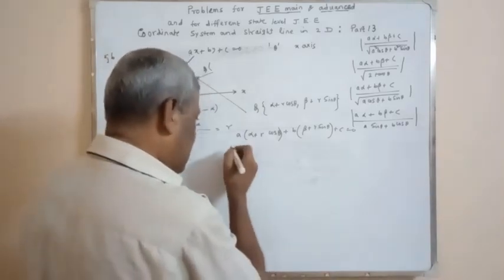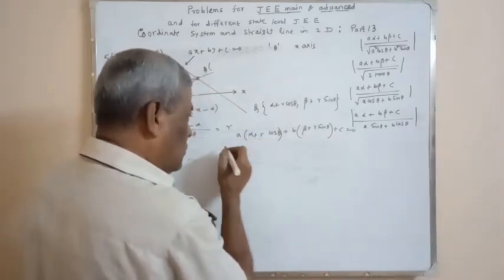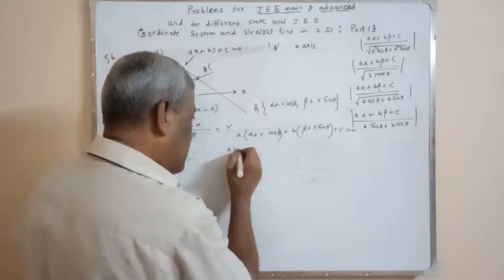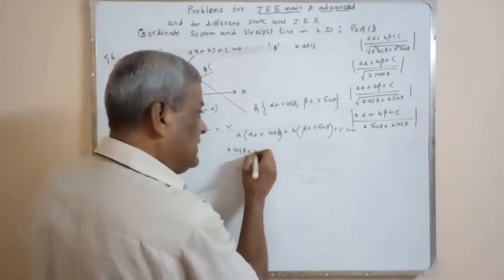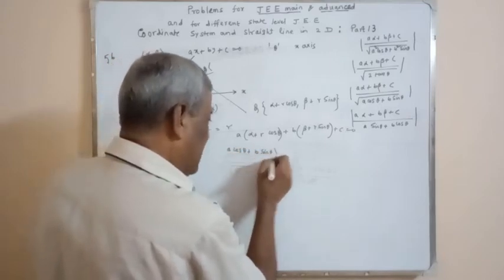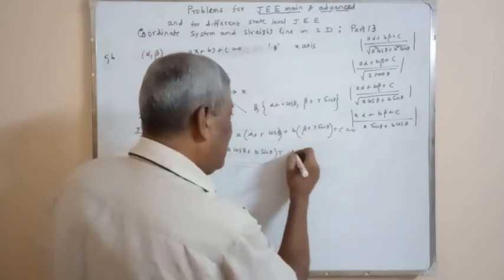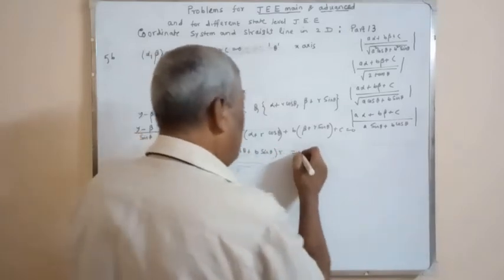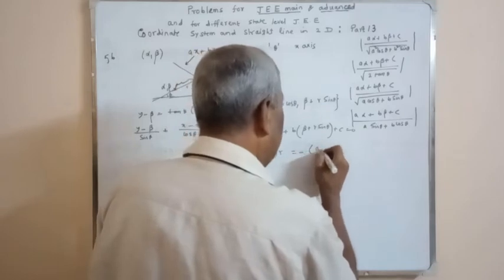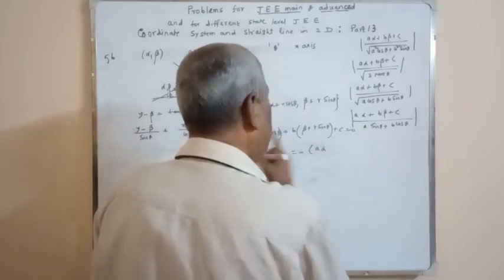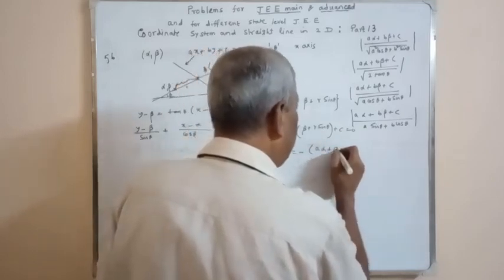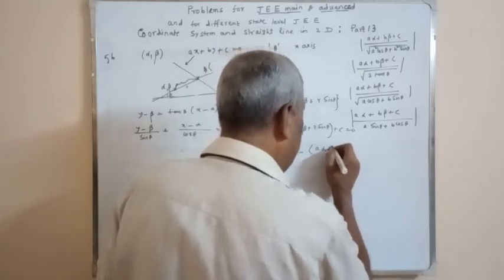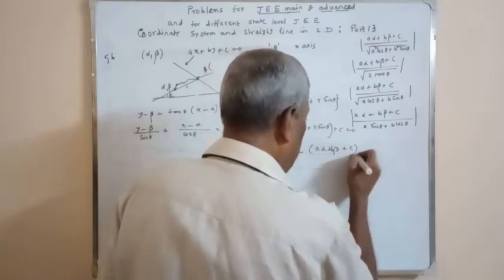So we get, taking r common, (a cos theta plus b sin theta) into r is equal to minus (a alpha plus b beta plus c).